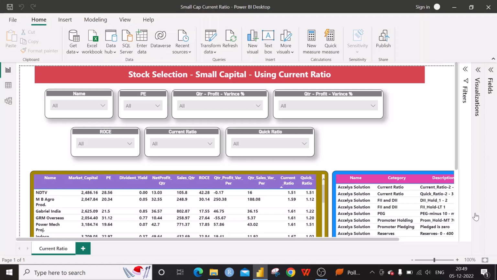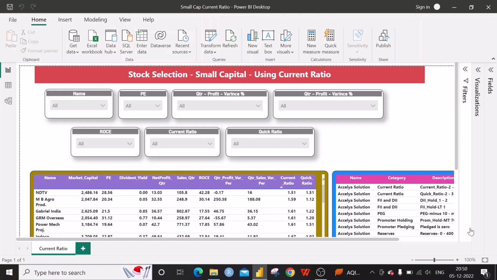This is the application for small capital. Here the market capital is between 2,000 crores and 5,000 crores. I am considering only the stocks that have market capital more than 2,000 crores for convenience.